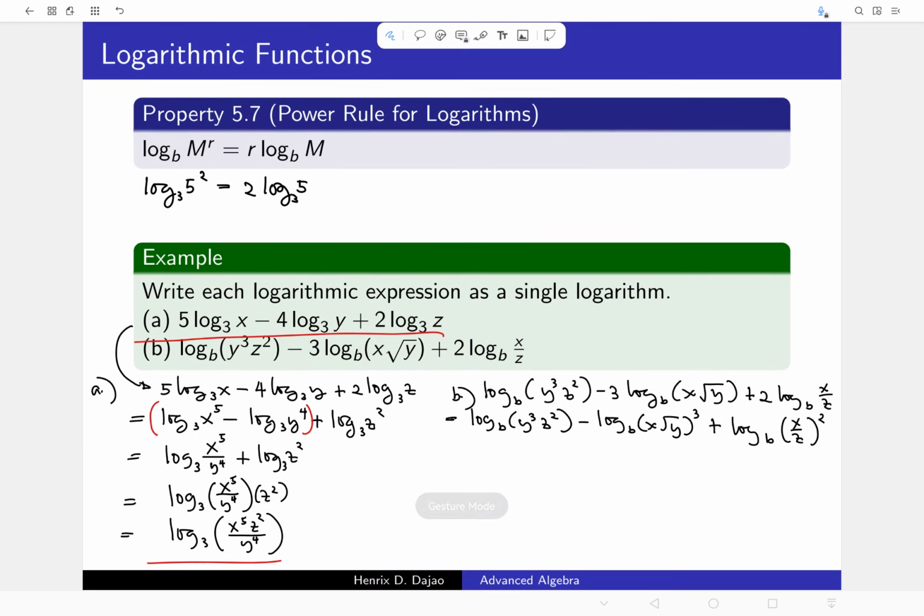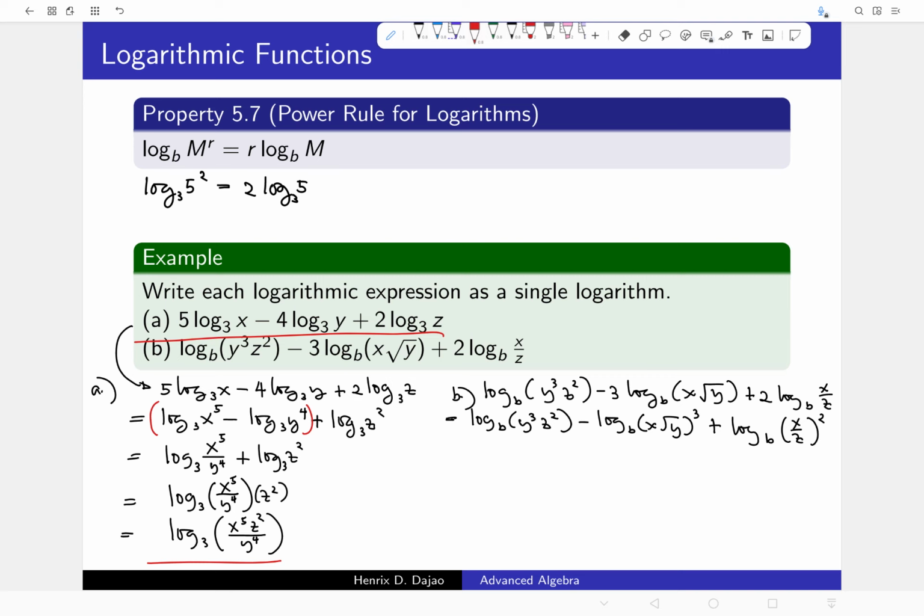Right, so this one is actually this. In other words, we're just making this as an exponent. Okay, so just continue. Now we can group the expression.